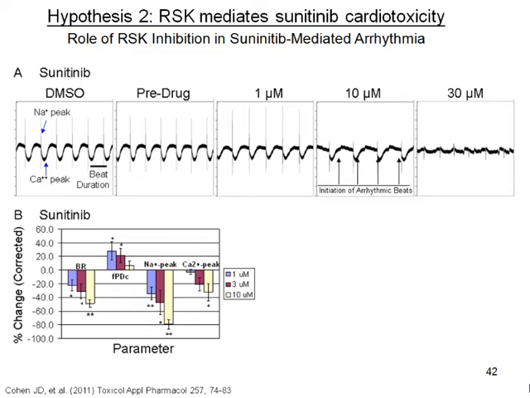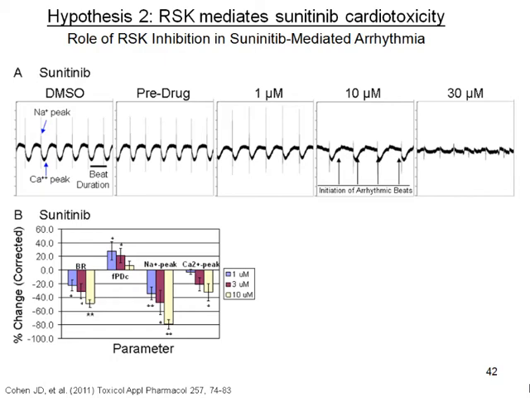So again, this is a microelectrode array, and this is the sodium peak, and here's the calcium peak, and the top of it is about right here, and that's the equivalent of QT. This is a 10-second trace that you're looking at, and these cells are beating synchronously within the microelectrode array.